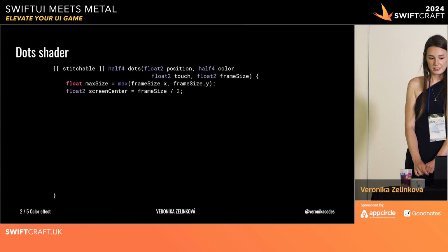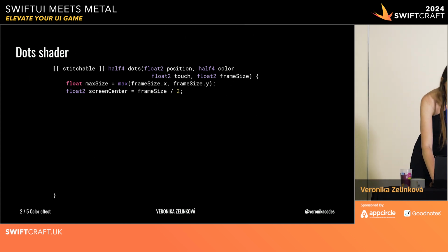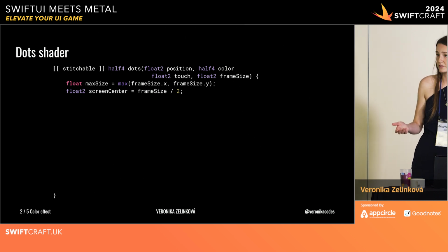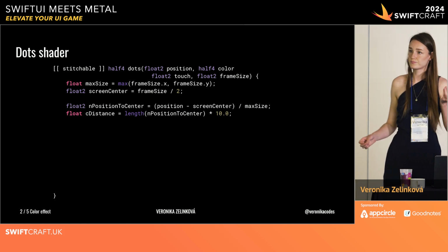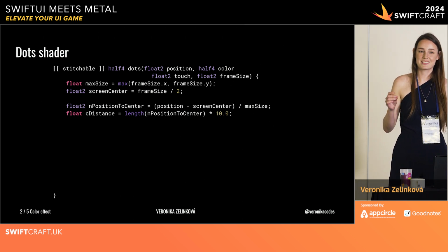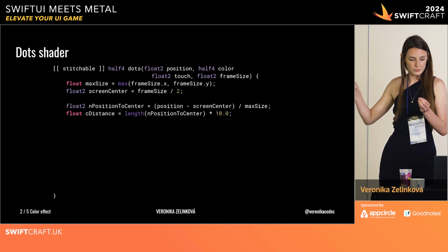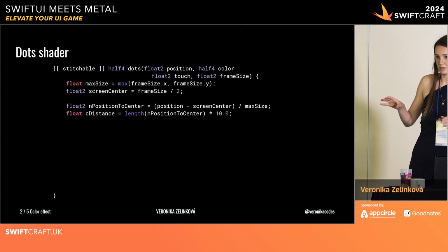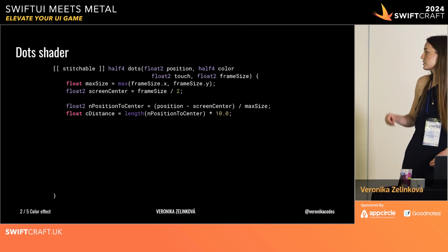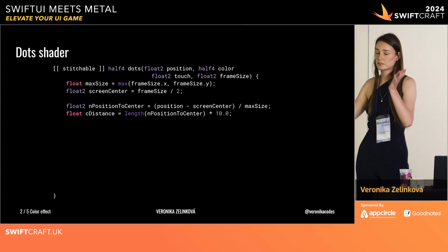So let's start by creating the big dot in the screen center. We are getting the screen center by dividing the frame size by 2. Then we are checking the direction from the current pixel to the screen center. We are normalizing it, and then we are getting the circle by calling the length function upon it, and multiplying it by 10 to make it smaller.